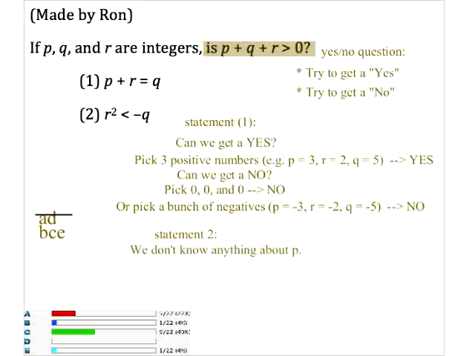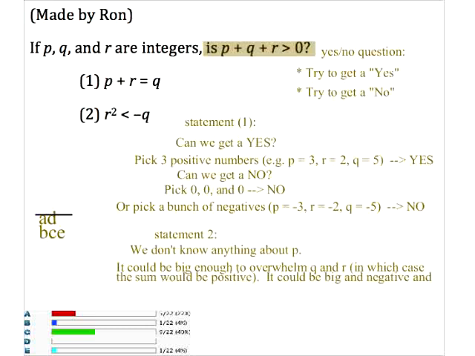So no matter what R and Q are, you could make P big enough to make the whole thing positive. It could be big enough to overwhelm Q and R, in which case the sum would be positive. Or it could be big and negative and have the opposite effect.